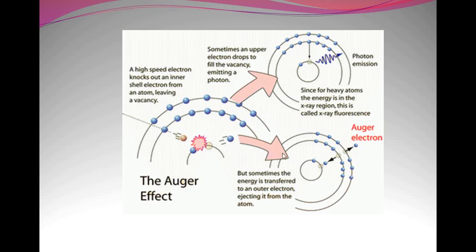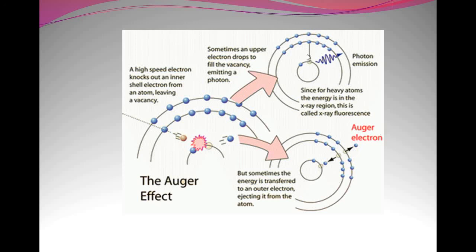And this is the second one. Here you have the vacancy, and this is the electron which was knocked out from the inner one. So what happens to that excess energy? That energy is given to one of the outermost electrons and it is ejected. This is known as the Auger electron.